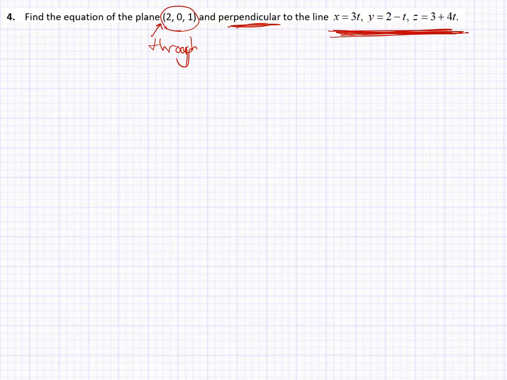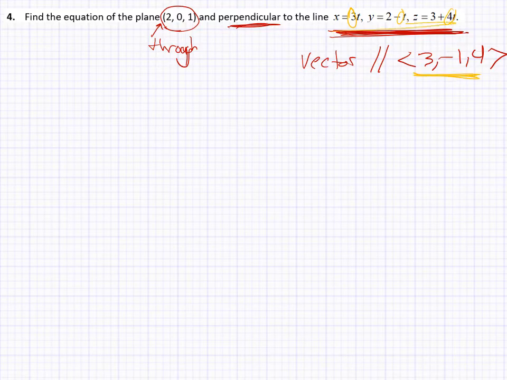The vector parallel to that line right here would be the vector (3, -1, 4). How did I get that? The coefficients in front of t are my a, b, c, similar to what we just did in the last problem. Now, if that vector is parallel to this line, and this line is perpendicular to my plane, then this is perpendicular to my plane, or normal to my plane. So that is your normal vector.